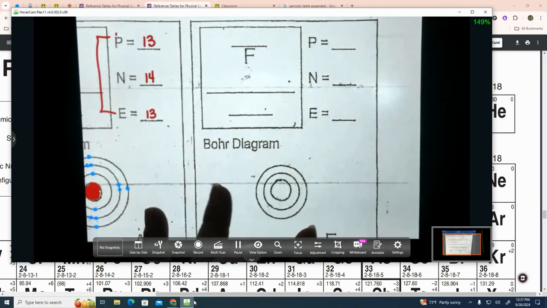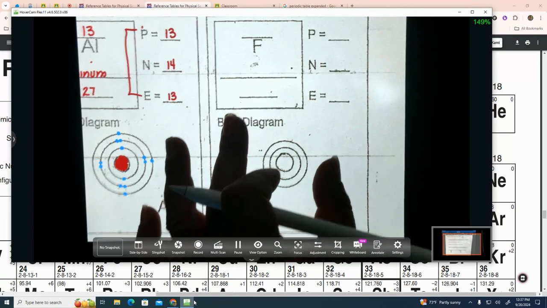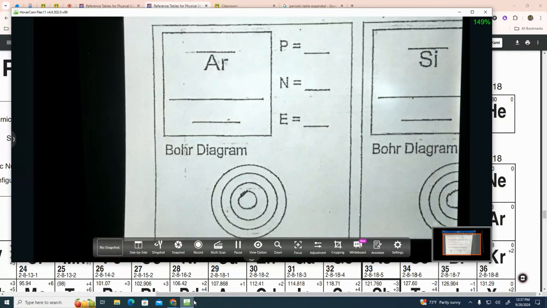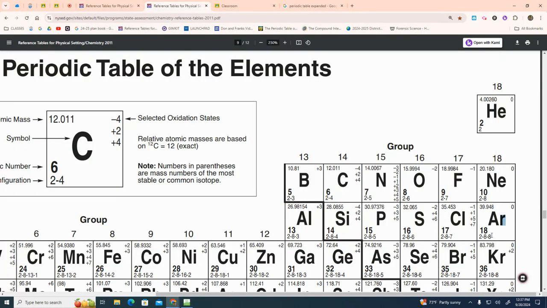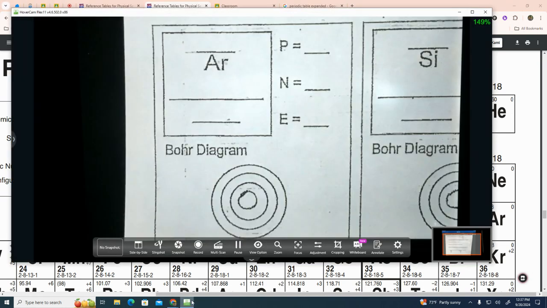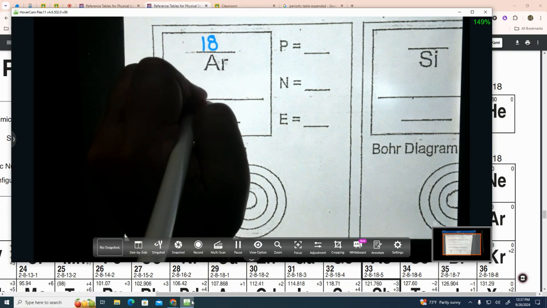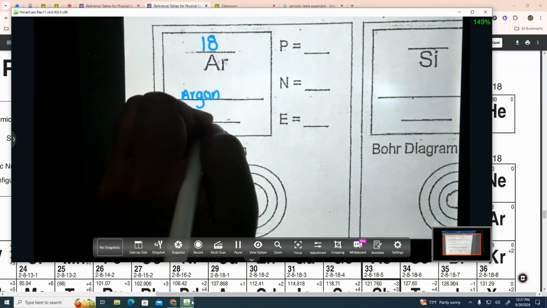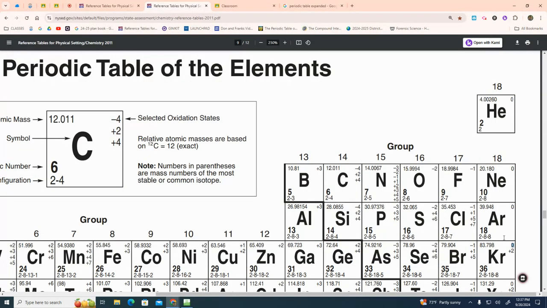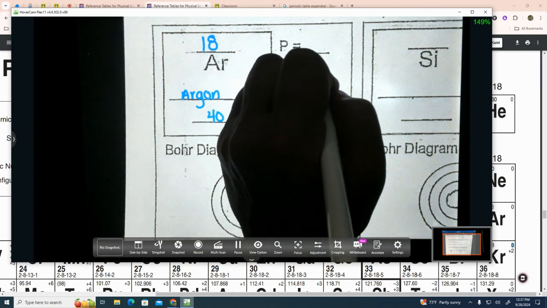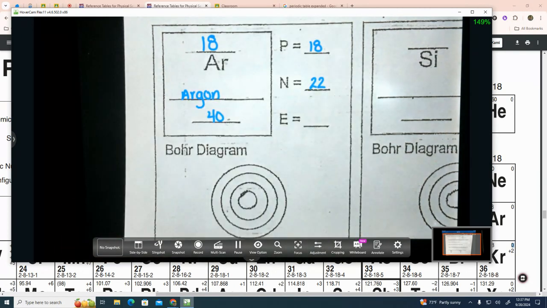All right. Oh, didn't we do fluorine? Yeah, let's not do that again. Let's do argon. Okay? AR, argon. It's all the way over here. So we've got 18 as its atomic number. This is argon. And what's its mass? Let's do 40, right? 40. That means it's got 22 neutrons and 18 protons.